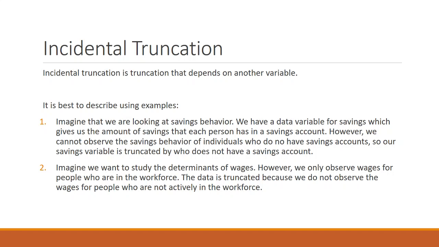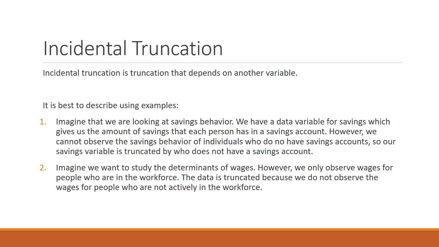All right, another example. Imagine we want to study the determinants of wages. All right, so we want to collect data on the amount of money, the wage that people would earn in the marketplace. Okay, but we only have wage data on people that are in the workforce.